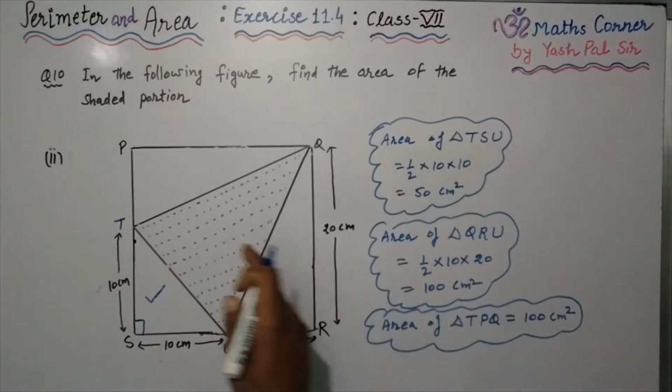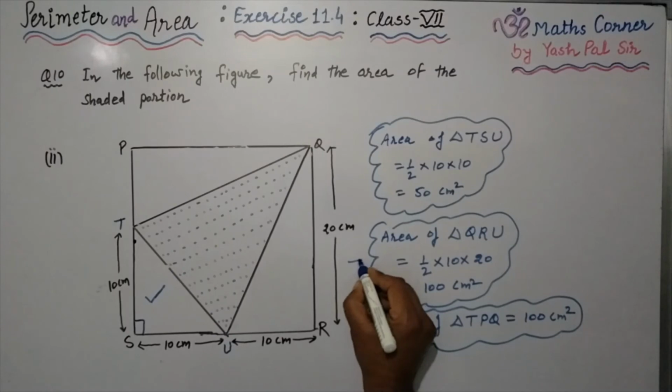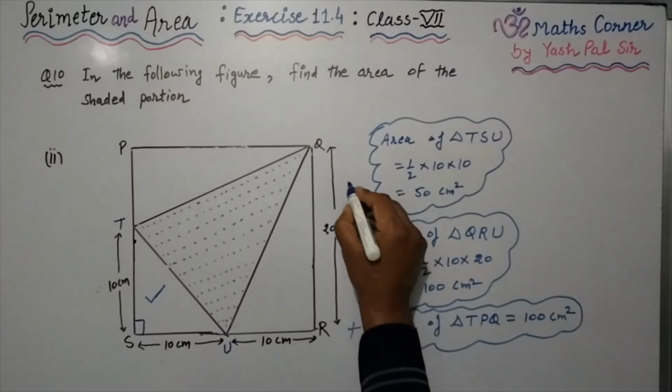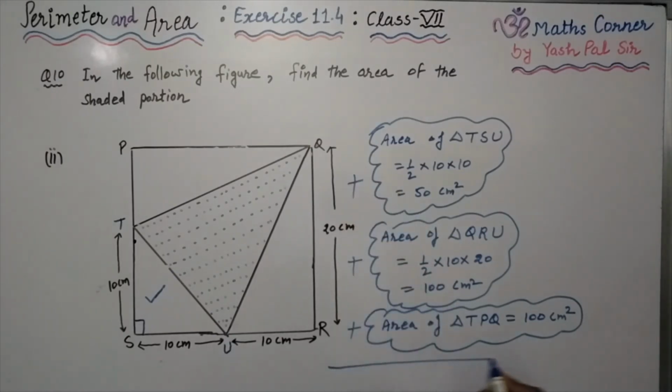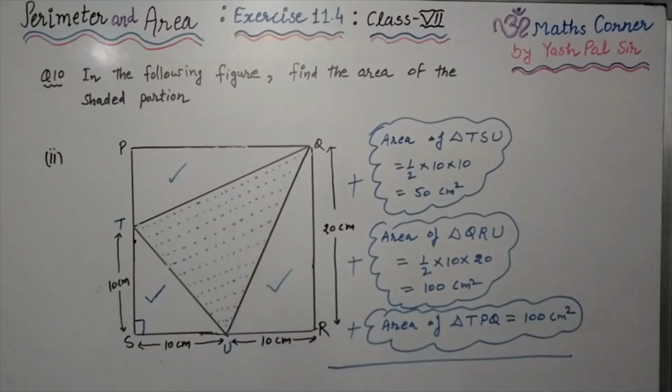Fourth, we are now adding this and this and this. What is the total area of these three triangles? This is equal to 50 plus 100 plus 100, 250 centimeter square.